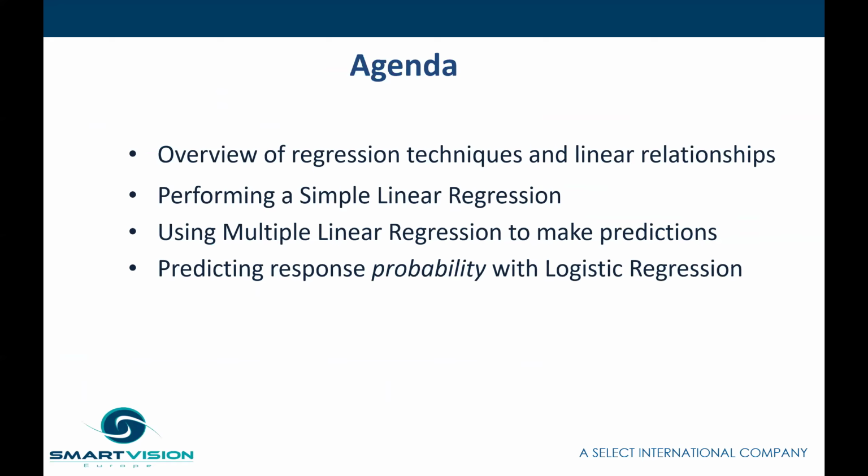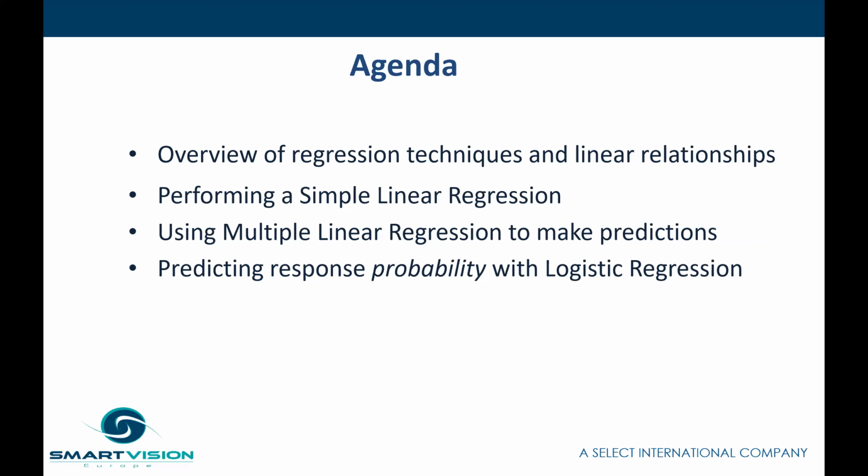So today we're talking about linear regression and logistic regression. We're going to give you an overview of regression techniques. And we're also going to touch a little bit on correlation again, because we can't assume that people have attended that session earlier on. And then we'll move on to performing a simple linear regression and walking you through the output and how to interpret that output before we make it slightly more complex by adding in extra fields to make it a multiple linear regression.